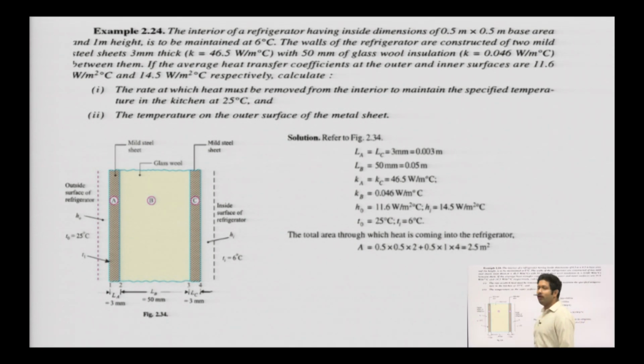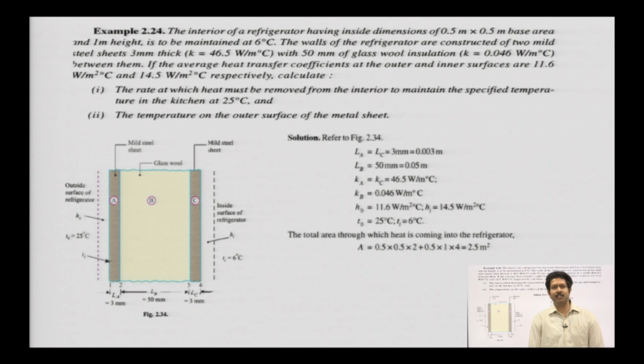The interior of a refrigerator, having inside dimensions of 0.5 meters by 0.5 meters base area and 1 meter height, is to be maintained at 6 degrees Celsius. The walls of the refrigerator are constructed of two mild steel sheets 3 mm thick, K equal to 46.5 watts per meter degree Celsius, with 50 mm of glass wool insulation, K equal to 0.046 watts per meter degree Celsius, between them.